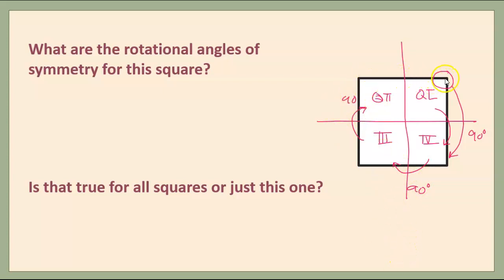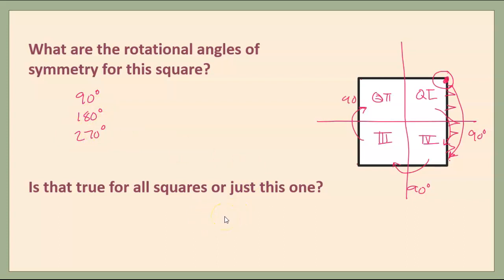And anywhere in between those, this corner would be poking up somewhere on the side. So really, there's only 1, 2, 3 places, and then back to itself, that we could get that corner to line up. So 90 degrees, 180 degrees, and 270 degrees are our rotational symmetries for a square.